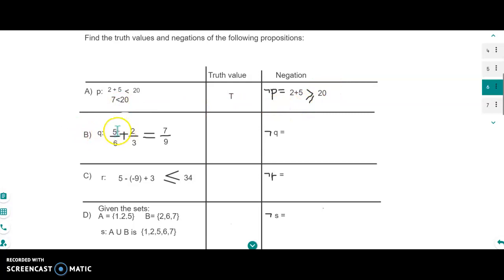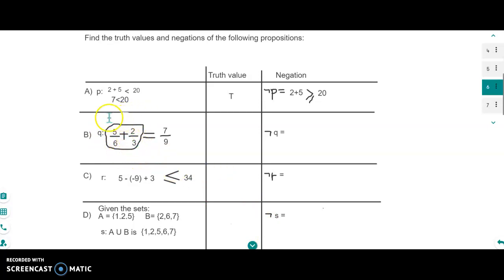Here we have two fractions: 5 over 6 plus 2 over 3 equals 7 over 9. So let's start finding out if this is true or false. We need, of course, to calculate if this addition is equal to 7 over 9. We do this addition, we already know how to do that, and we find that the result of this addition of fractions is 9 over 6.